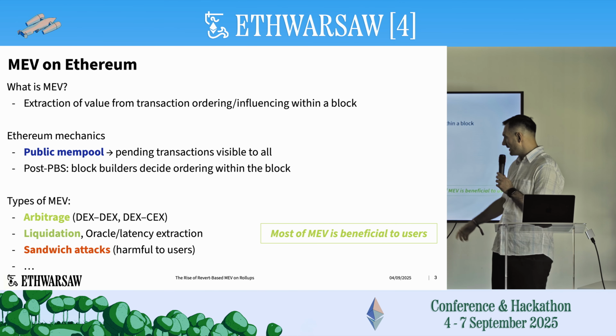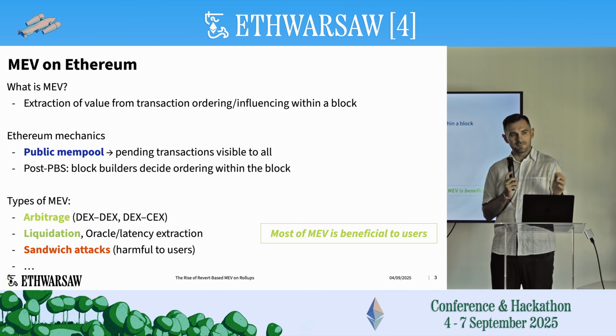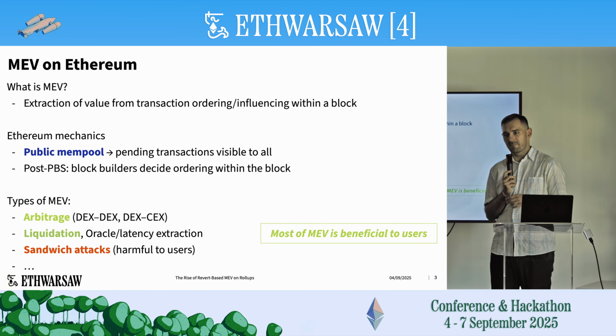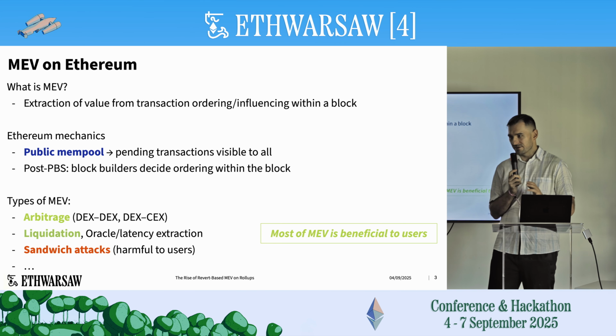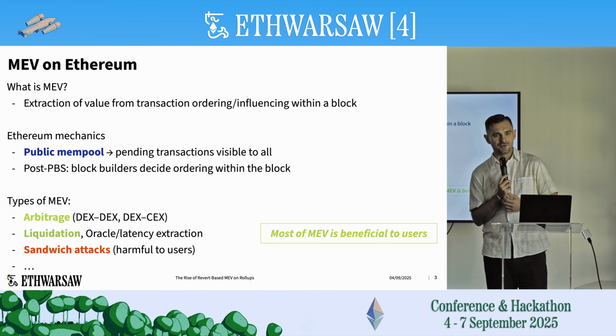Arbitrage represents 60% of the MEV. It's about equalizing prices, for example, between Uniswap, PancakeSwap, and Binance. Liquidations of bad debt from Aave or other lending protocols represent another 30%, and maybe only 10 to 15% of MEV transactions are those sandwich attacks.